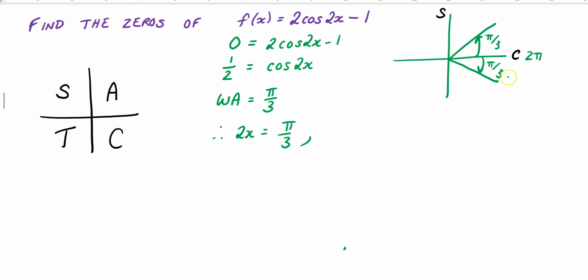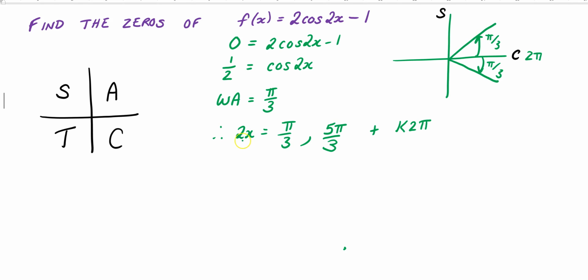So I go to 6, 2 3s are 6, so that's going to be 5 pi on 6. I'm sorry, don't know where that 6 came from. It's not 5 pi on 6, it's 5 pi on 3. Plus k lots of 2 pi because we're doing laps, and if I do another circle around, we know the period is 2 pi, that's why I have to go around 2 pi times. I can keep going, keep going.